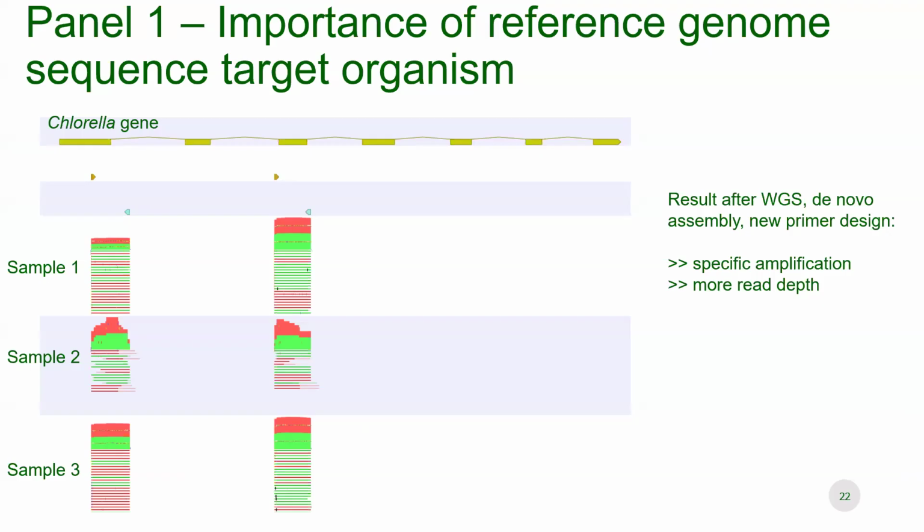For the same gene of chlorella, we designed new primers on the strain that we have in the lab, and then we could see that we have really specific amplification, that we have more read depth, and so on. So it was really important to have the genome sequence of our strain in the lab, and that's also something which is included in the GeneBeWise toolbox.